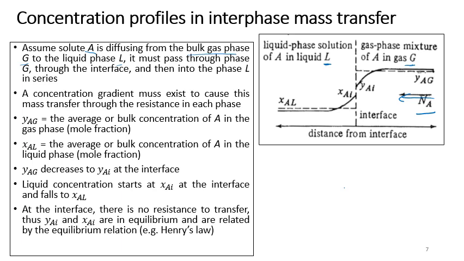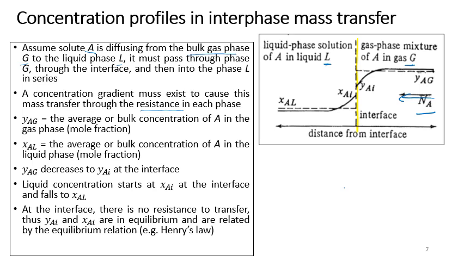Your interface is this one. A concentration gradient must exist to cause this mass transfer; the concentration gradient would be the driving force, and the resistance would be the resistance at the interface between the gas and liquid film.